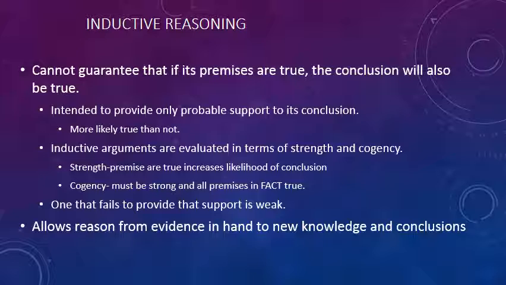Okay. Inductive reasoning has basically two different elements in terms of whether it's a strong or weak argument. If the premises are true and they increase the likelihood of the conclusion, then you would say that you have a very strong inductive argument. In order to have what's called a cogent argument, it must not only be strong, but all the premises must in fact be true.